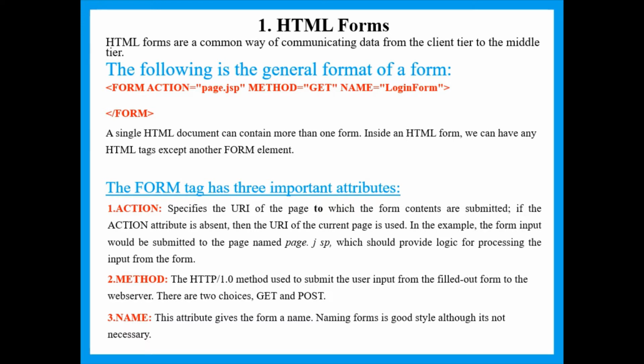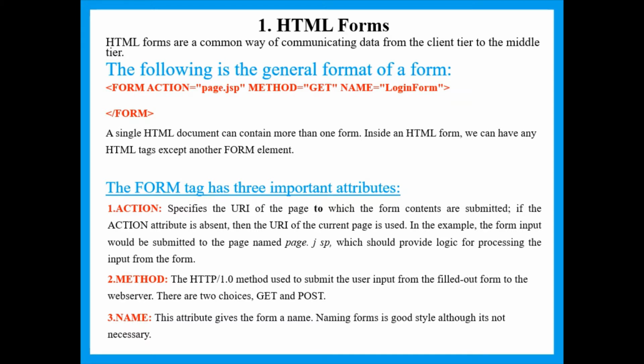Inside an HTML form, we can have any HTML tag except another form element. The form tag has three important attributes: action, method and name. The action attribute specifies the URL of the page to which the form contents are submitted.